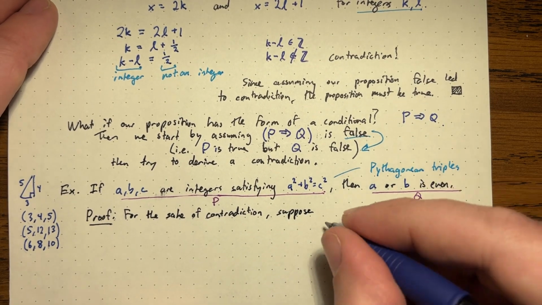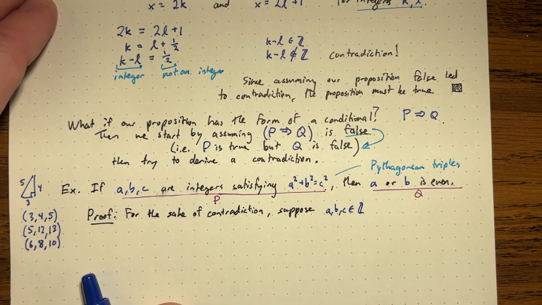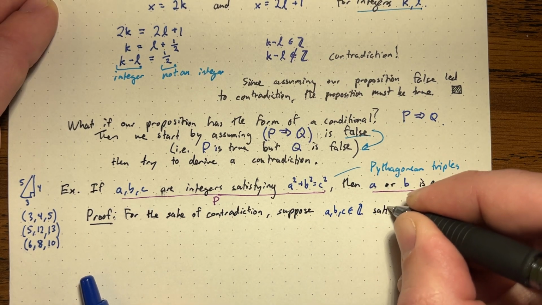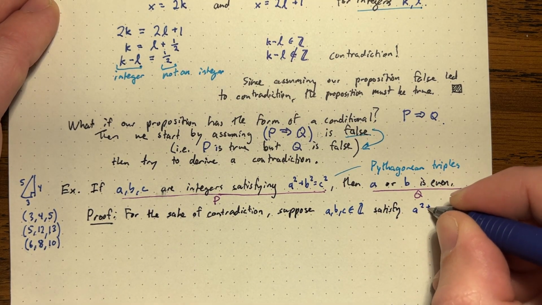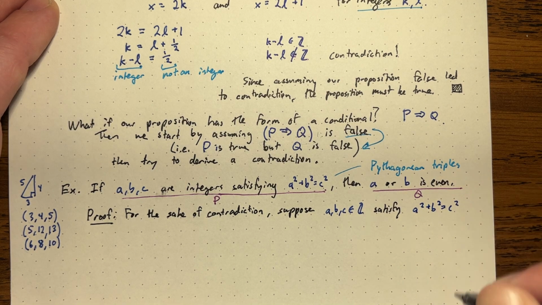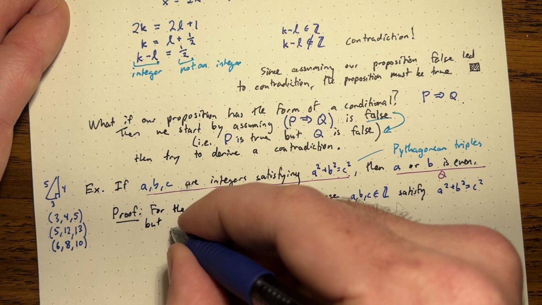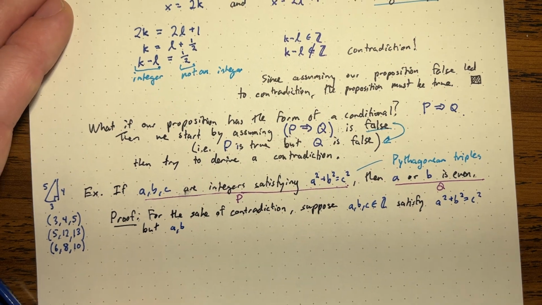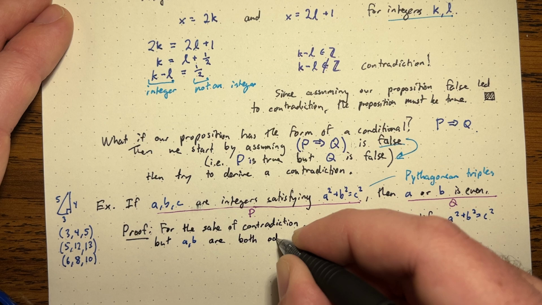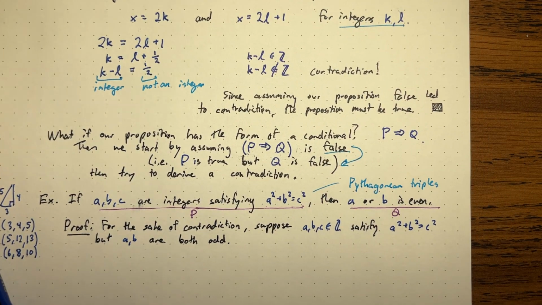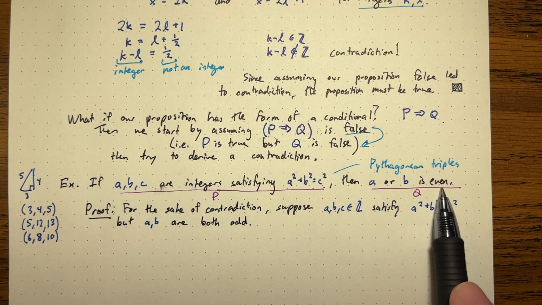So suppose A, B, and C are integers that satisfy A squared plus B squared equals C squared, but A and B are both odd. I guess I'm technically using De Morgan's law here.